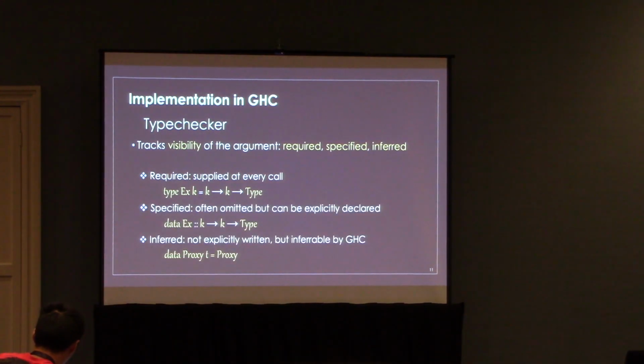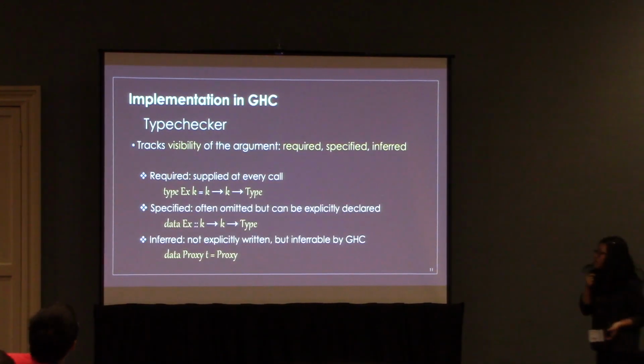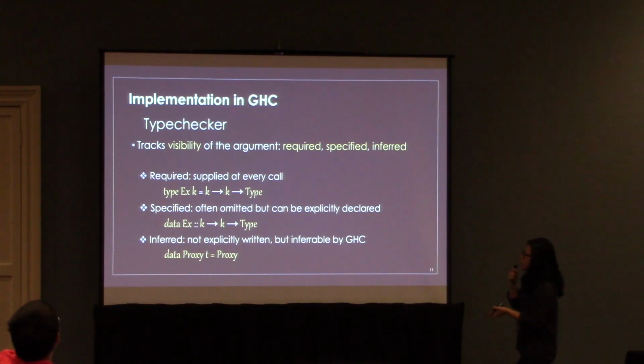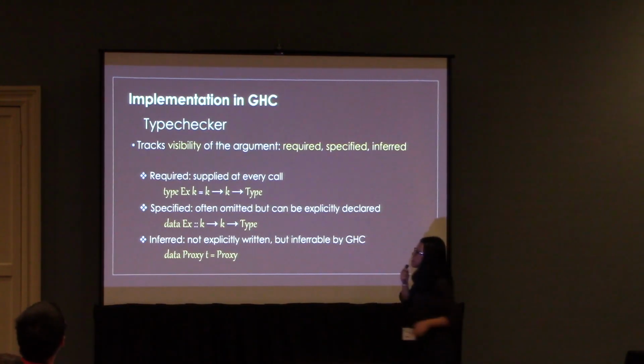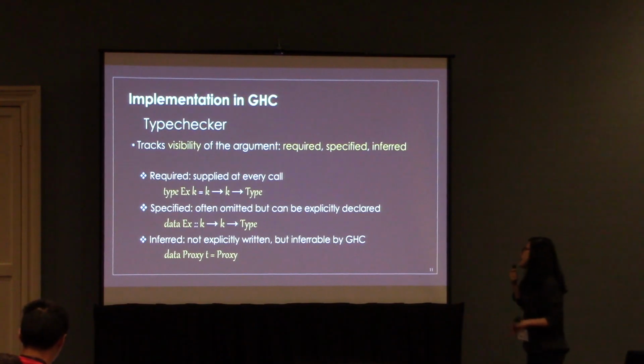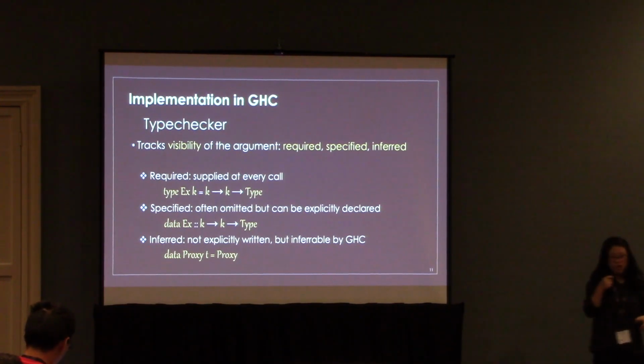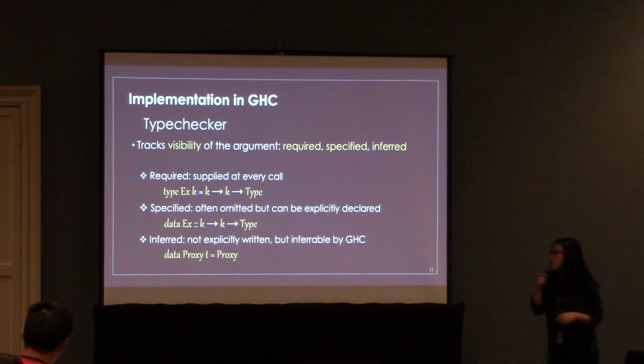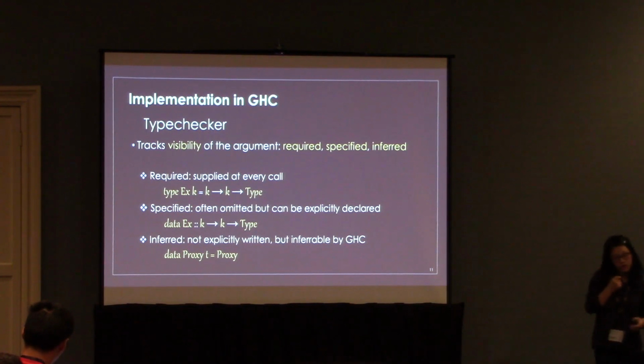A specified one is one that can be omitted, but can also be explicitly declared if you want. Like the K in the second example of data X. You can have X without it, but you can also explicitly declare that without an extension. And finally, we have inferred, which is not explicitly written, but it's inferable by GHC.